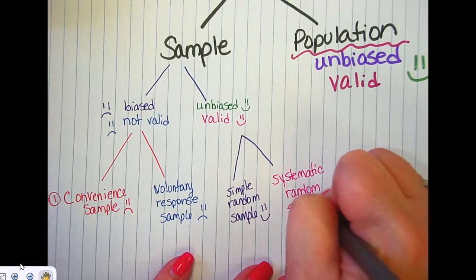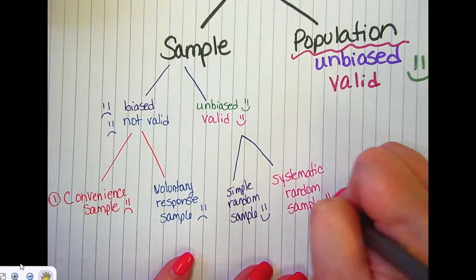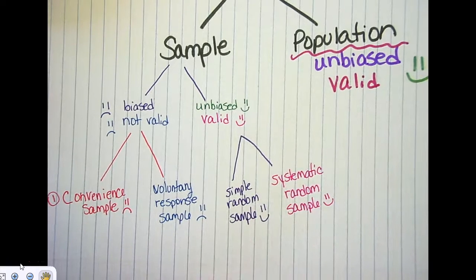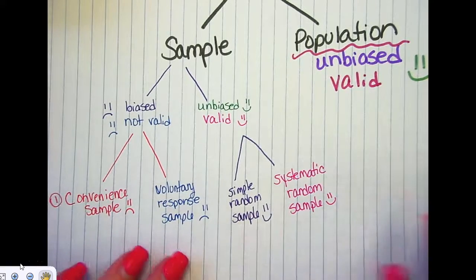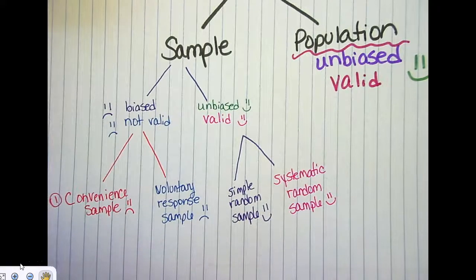That would also be a valid way to collect data so that it's unbiased. All right, you have any questions about any of those? All right, so as you're doing work through this unit, you may need to go through and look at this flow chart sometimes to help you see if survey information is valid.